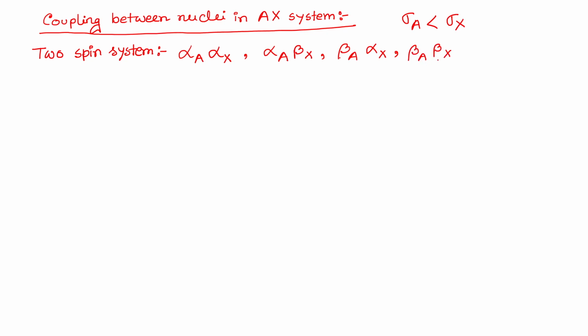Right now we don't know the relative energies, but what is the energy operator, the Hamiltonian, when there is no coupling? At that time the unperturbed Hamiltonian is given by the individual energies of the spins, which is given by gamma, the gyromagnetic ratio, multiplied by your external magnetic field, and obviously shielding is associated.